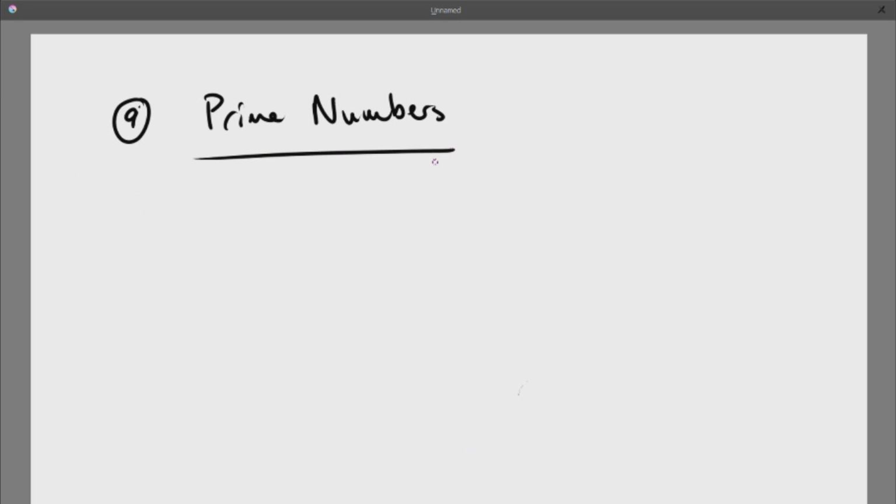All right, we are moving on to chapter 9. And these upcoming chapters will be fairly short in terms of what we really need to know for a quiz. So chapter 9, which might not be 9 in every book, is called Prime Numbers.